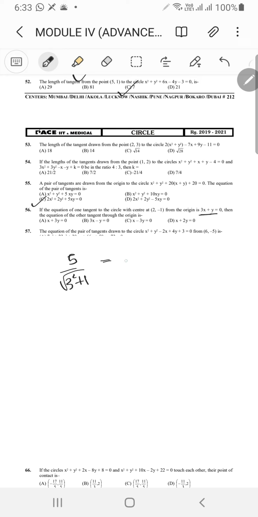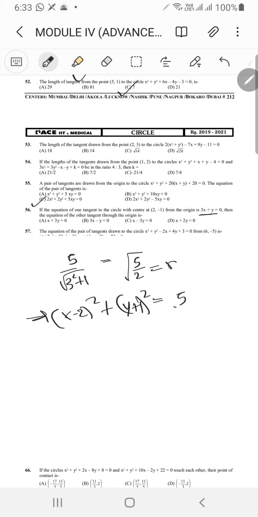So it's like square root of 5 by 2. That is the distance, which is also the radius, which means x minus 2 squared plus y plus 1 squared equal to 5 by 2, right? Ouch, it's hurting. Ow.